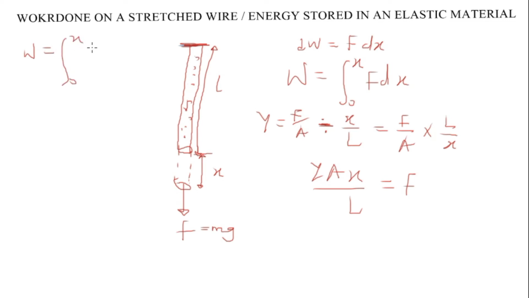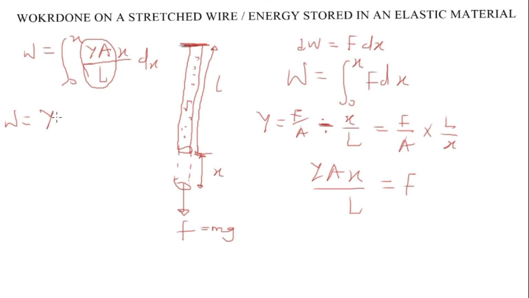Then F, our F in this case, is the Young modulus, the A, the L of x all over. Then I will have dx. In this case, these are all constants, so I will just bring them out of the integral.